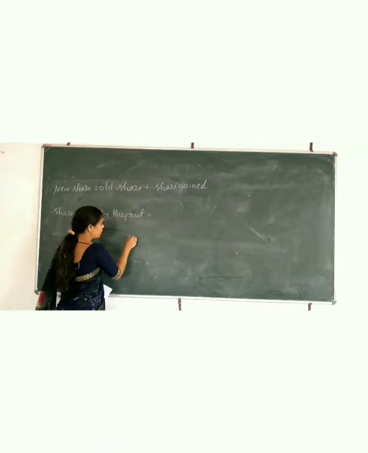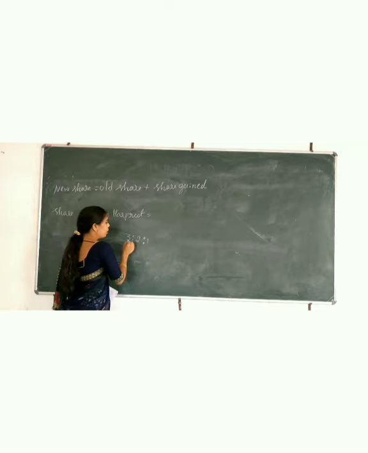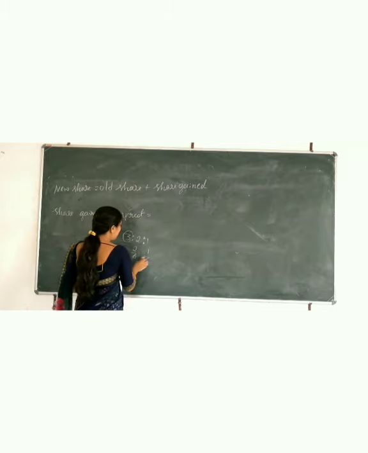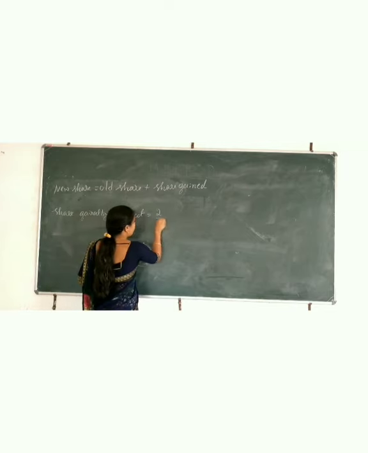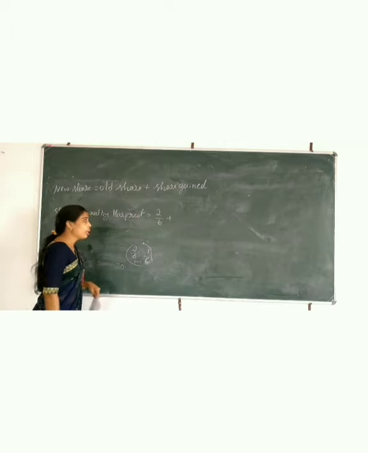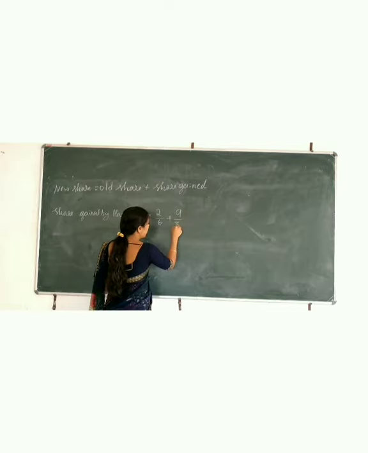The old profit sharing ratio was 3 is to 2 is to 1. Here Alka retired, so Harpreet's old share is 2 by 6 and Shreya's share is 1 by 6. So 2 by 6 plus the share gained by Harpreet, 9 by 30.